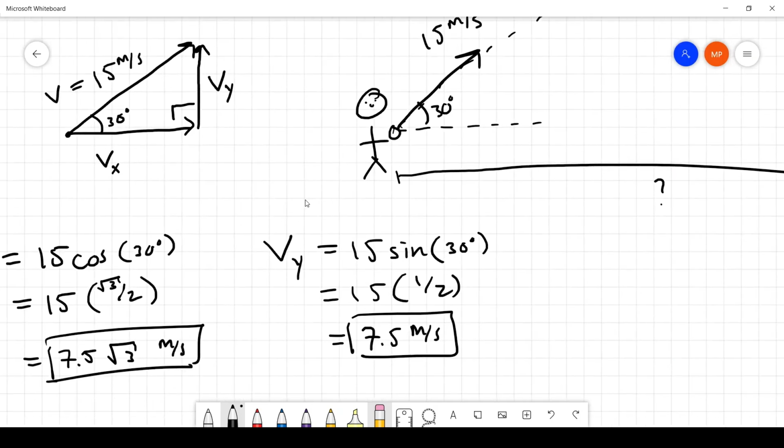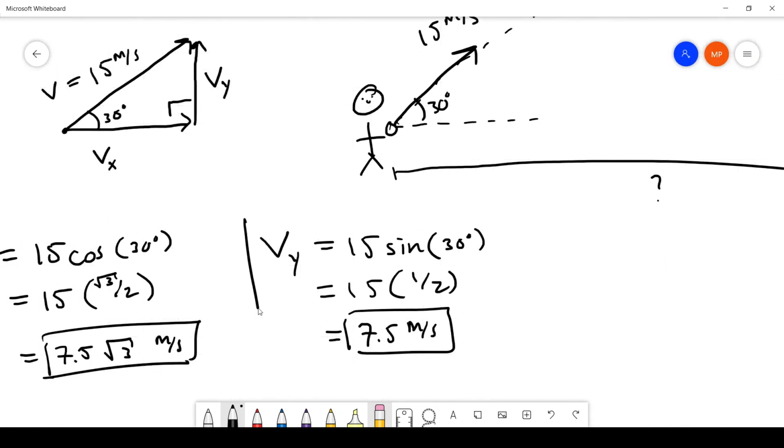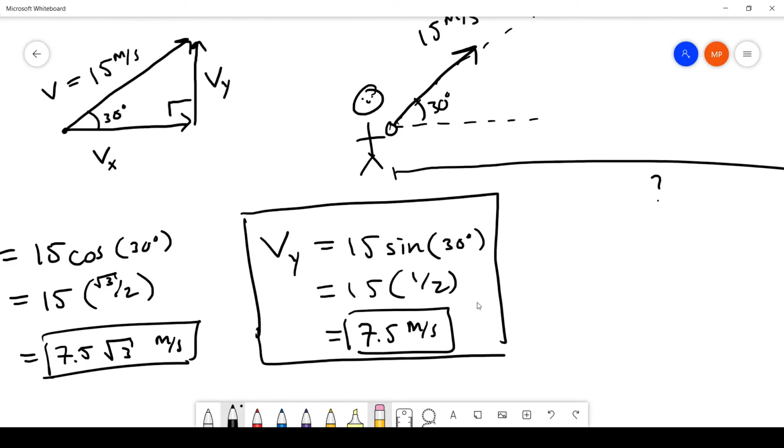And so essentially, if we treat this as a ball flying up at 7.5 meters per second, we'd be able to figure out how long it would be in the air, fighting against gravity before it hits the floor.